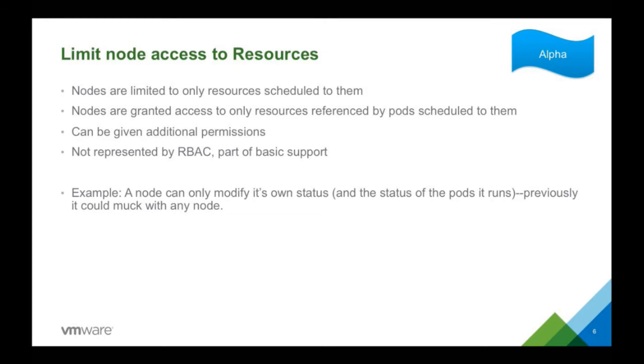The example here is the node can modify its own status, but no one else's status within this cluster. All pods inside of a worker node have access to all other pods by default, and I believe the next talk will go into detail around that, around network policy. But again, the node should specifically have access to the pods that are scheduled on them, not necessarily volumes that are created outside of it, and secrets and so on and so forth.